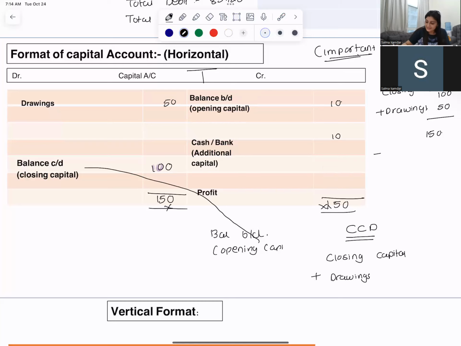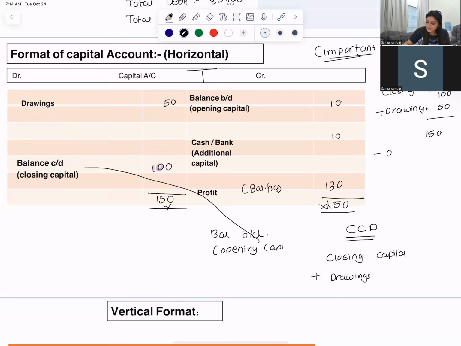So CCD, that means the closing capital plus drawings, that is 150. I wrote it on both the sides. From this, when I deduct my opening capital and I deduct my additional capital, what I am getting is 130, which is my profit, which is my balancing figure.